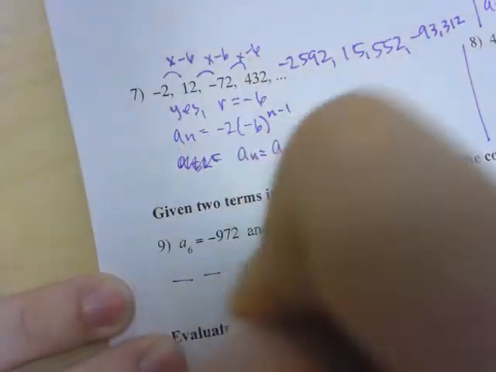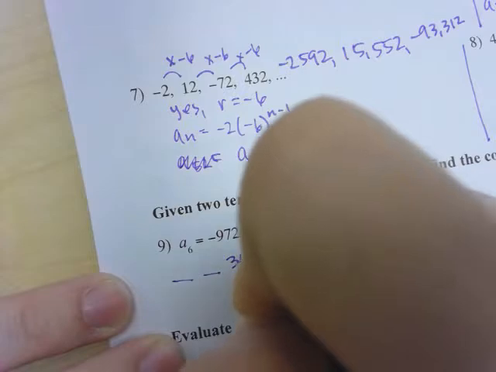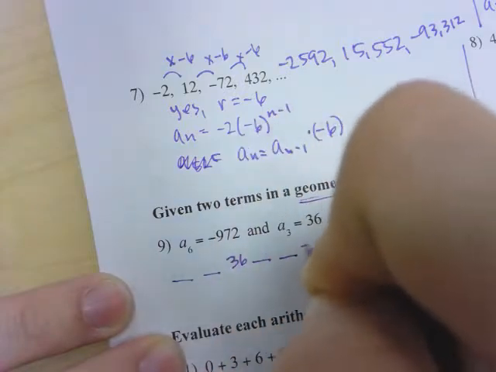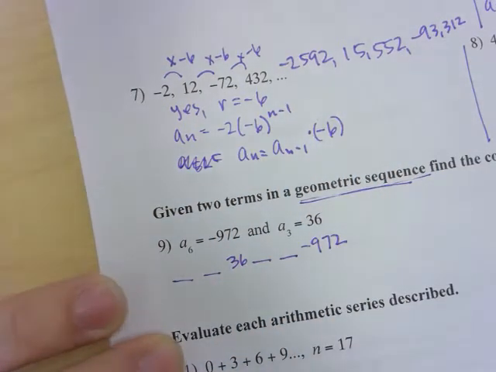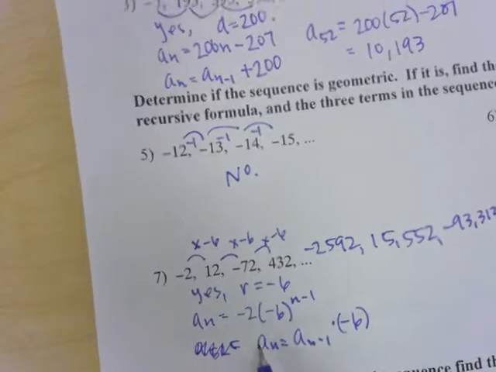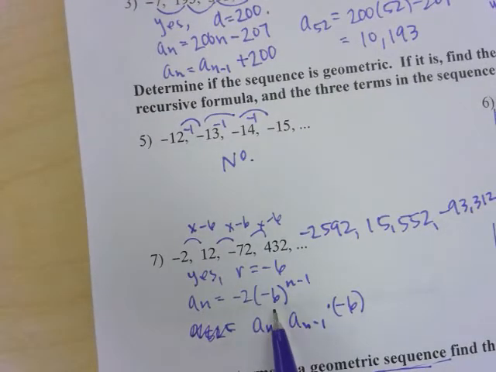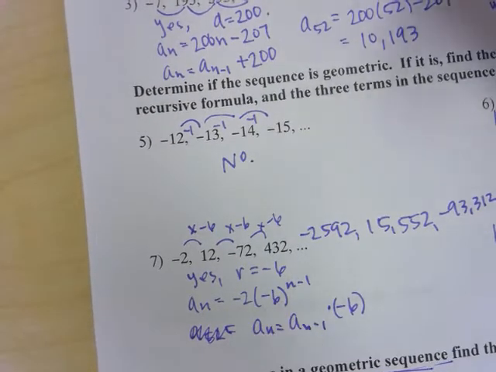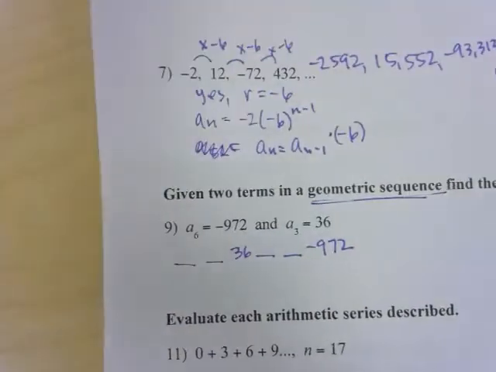What I probably do, first term, second term, third term, fourth, fifth, sixth. Well, we need to be able to figure out what r is. And we don't know the first term. So the formula with this one is the first term times your ratio to the n minus 1. Well, we don't have the first term.